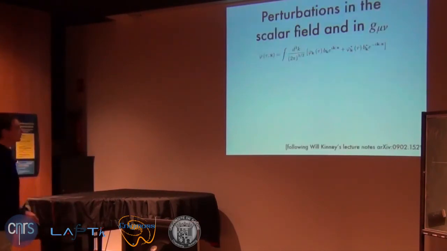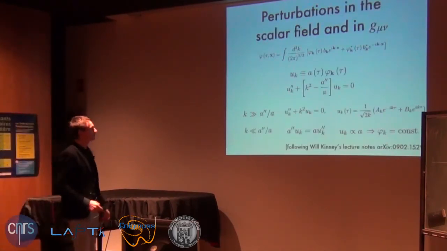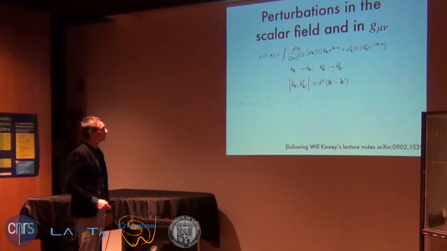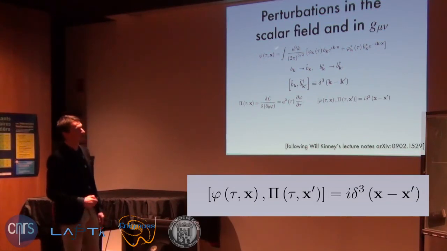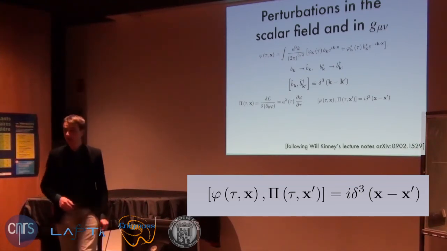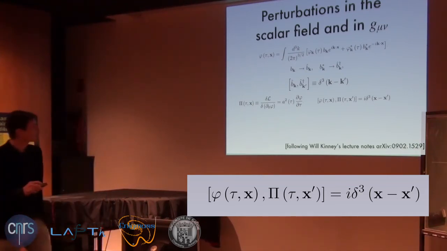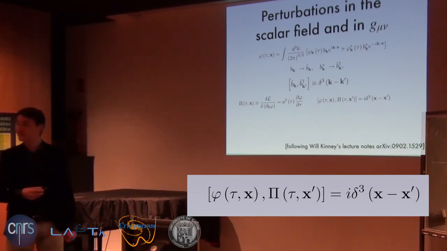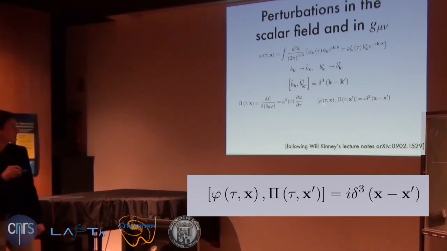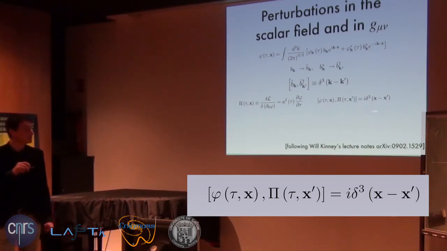Because with the commutation relation that I wrote down, this commutator, by the notation I use, it is perhaps a bit misleading because I write down the phi. But actually, the equations of motion that I've written down are for the 2 degrees of freedom of the tensor fields. So this phi is not a scalar field, it's the amplitude of the tensors. That means that this commutation relation is really a commutator in degrees of freedom of the tensors.